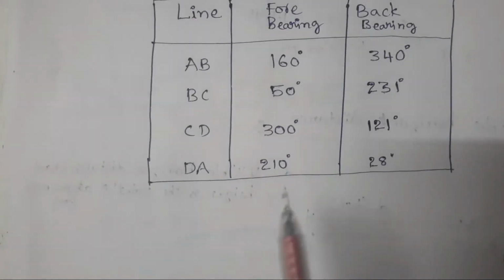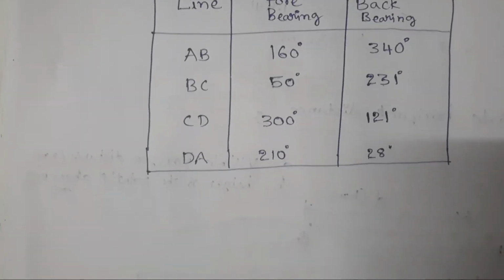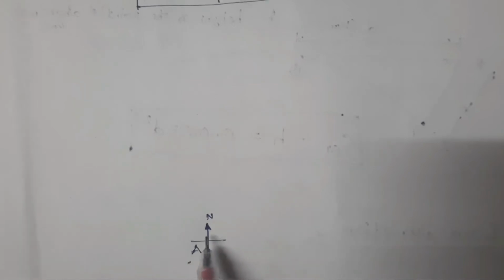Point A, indicating north direction. AB line forebearing is 160 degrees, back bearing is 340 degrees. So this is 90, 180, 270, 360. 160 comes here. This is the B point.